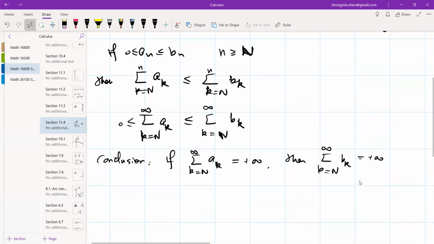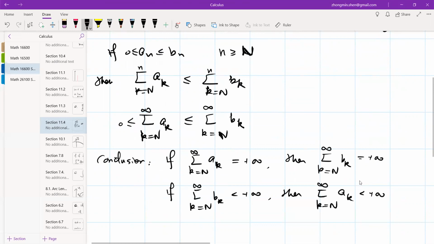But if the one on the right-hand side is finite, then the one on the left-hand side is finite, just because it's controlled by that. It will be a very useful comparison theorem.